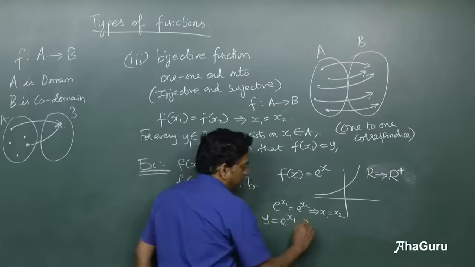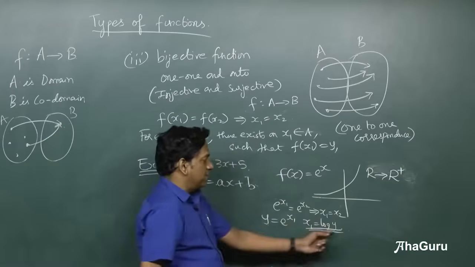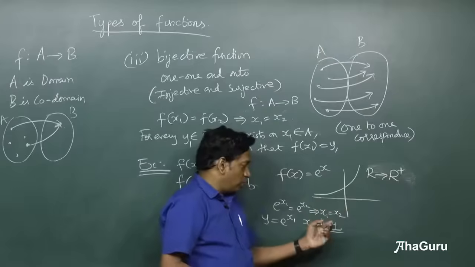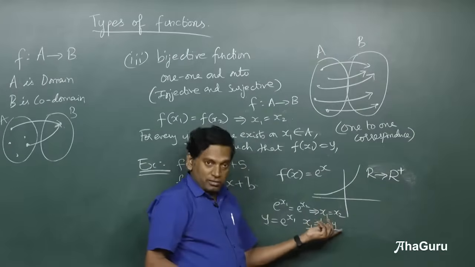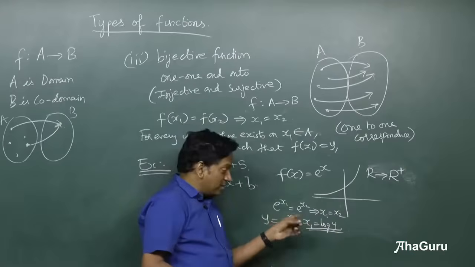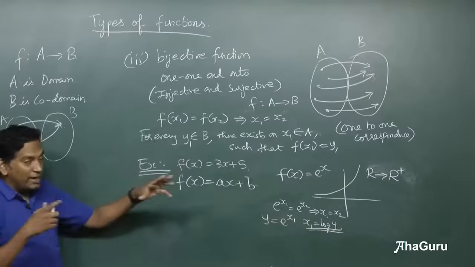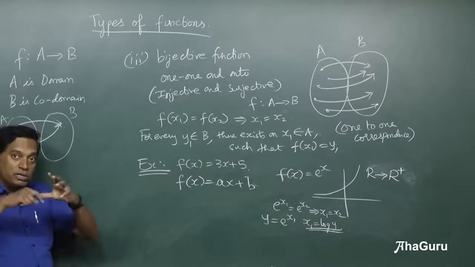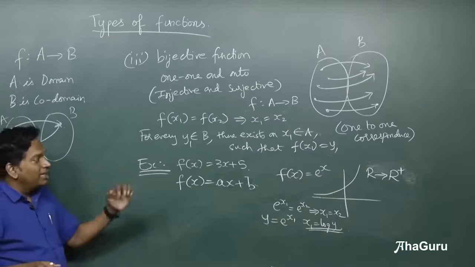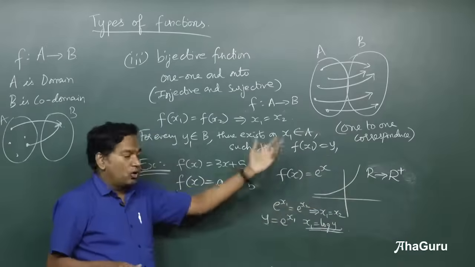In fact, the way to find x1 is simply the natural log of y, and since y is only positive, you are always allowed to take the natural logarithm. So we've actually found the value of x1. Depending on how you define the codomain, the onto property can be attained, and the same logic extends to bijective functions also.